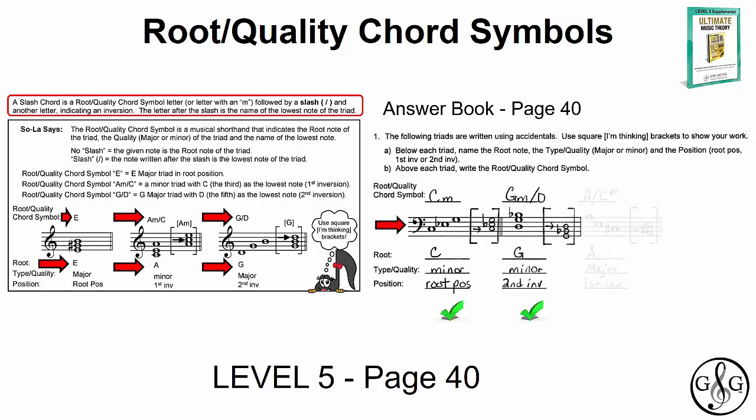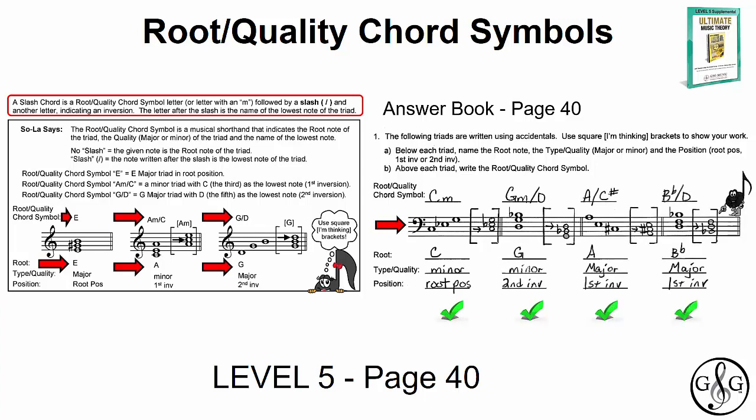So that makes it easy to identify Gm/D, A/C sharp, and B flat/D. So using the square I'm thinking brackets is absolutely the key to getting 100% on these, and the little arrows too. And in our workbooks, we've left lots of room so students can easily do these exercises as we've indicated.